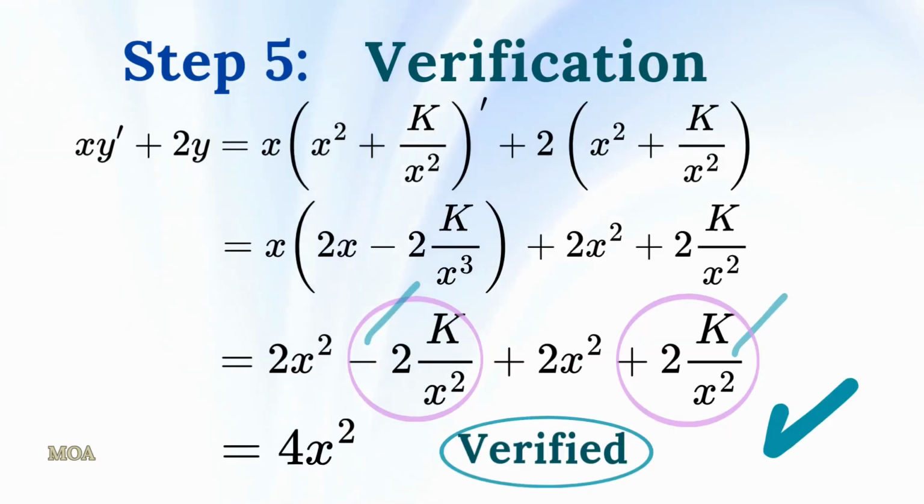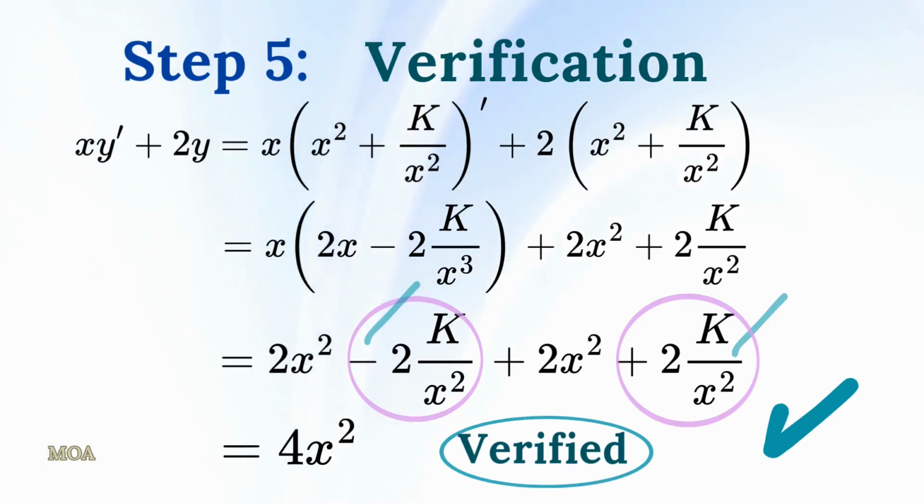Now, in step 5, let us verify our determined solution. We substitute the expression for y of x into the original differential equation. After simplifying, the terms minus 2c over x squared and plus 2c over x squared cancel out, leaving only 2x squared plus 2x squared.